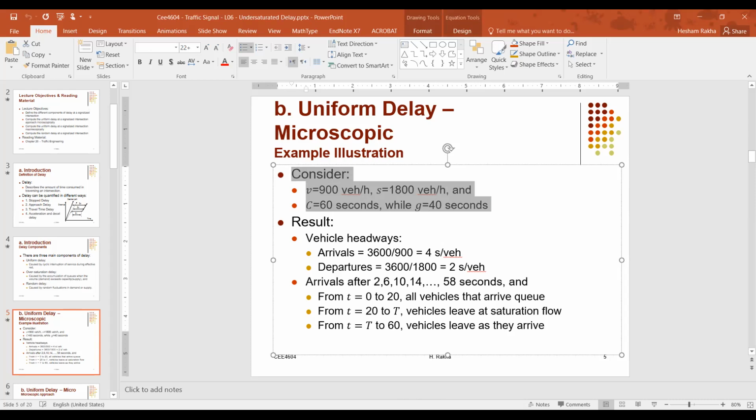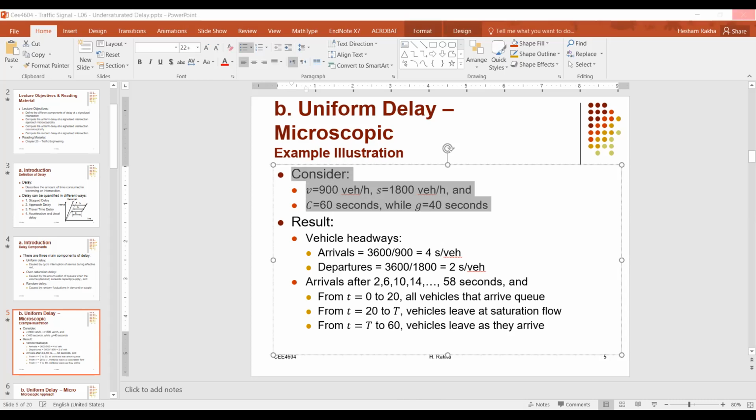Ideally, it would be better to do it in a spreadsheet, but for now, I'll just copy this. But actually, I need to stop share. What I'm going to do is maybe I'll go into Excel, and I will share my Excel sheet with you guys. It'll be easier to do it in Excel.